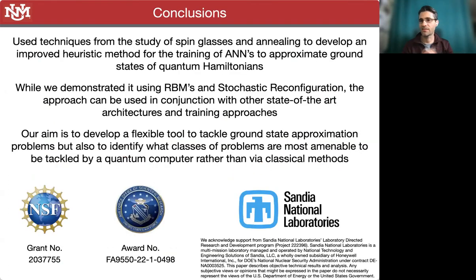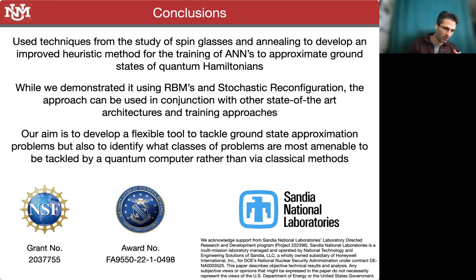So with that, let me conclude. This was a project I really enjoyed because I used all of the experience and techniques that I learned studying quantum annealing and adiabatic quantum computing to develop a quantum-inspired heuristic algorithm for training these ANNs to approximate ground states of quantum Hamiltonians.